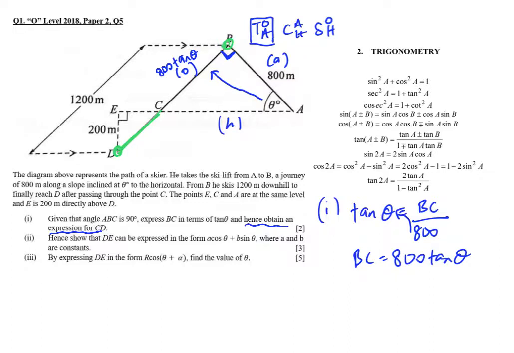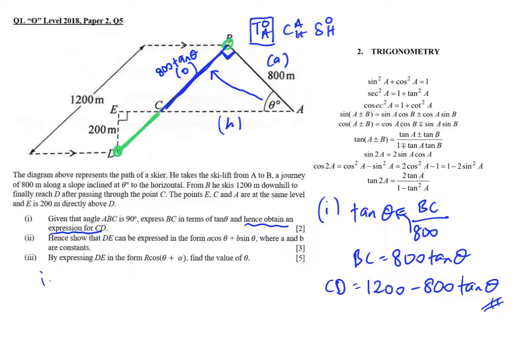Why? Because this green line added up with this blue line will give us 1,200 meters. So CD is 1,200 minus 800 tan theta, and that is the complete answer for part 1.